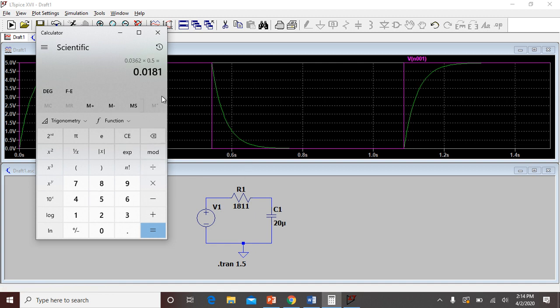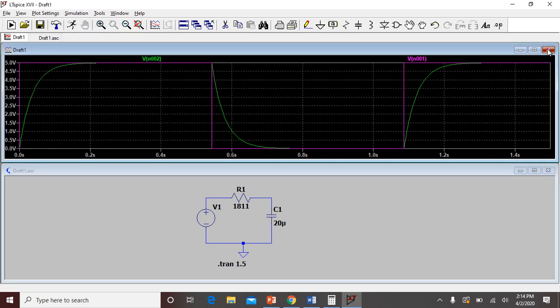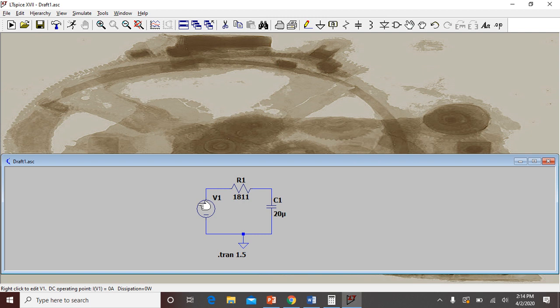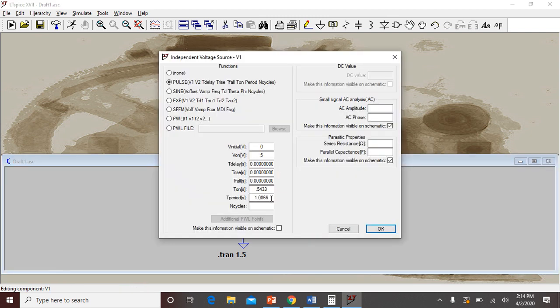So I'm going to take the value of T on as 0.0181. I'll close this window, select this, and set the time to 0.0181, and its twice will be 0.0362.